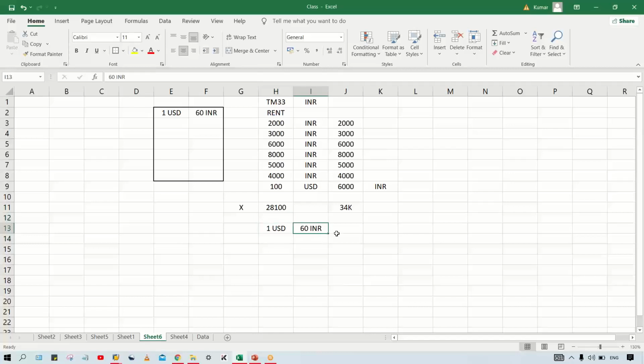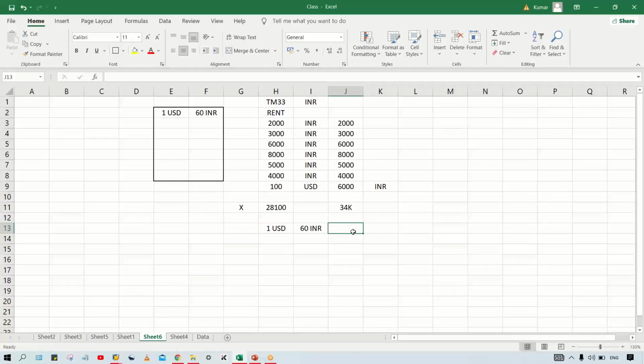So the bank is saying that you are buying US dollars at this rate: you give 60 Indian currency, you get $1.